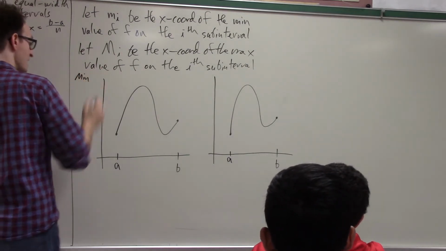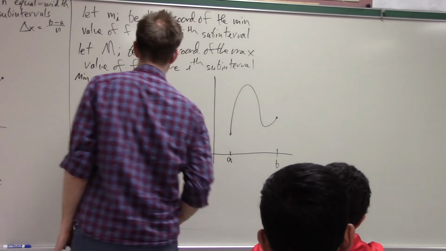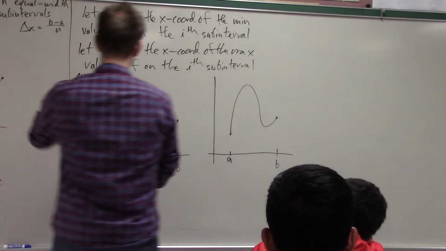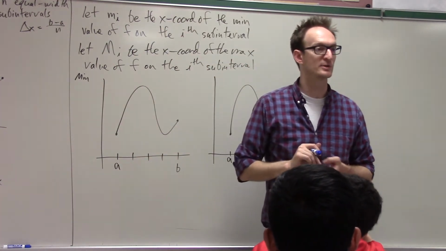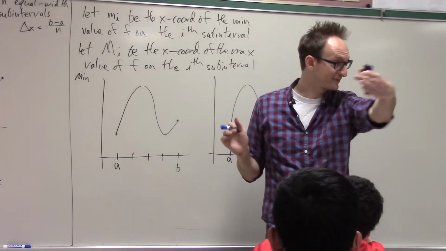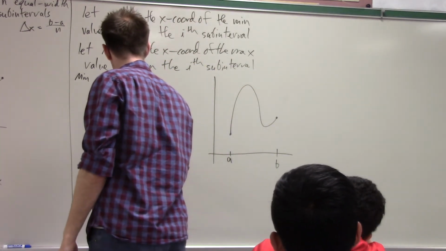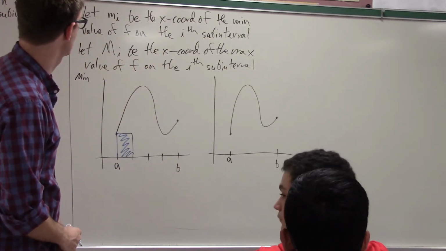The min rule says, split up this function into subintervals, and on each subinterval, take the minimum height rectangle. So on this first subinterval, for example, what point on that subinterval should I use? The left endpoint, right? Yep. So I draw my rectangle like so. Next subinterval, what should I use?